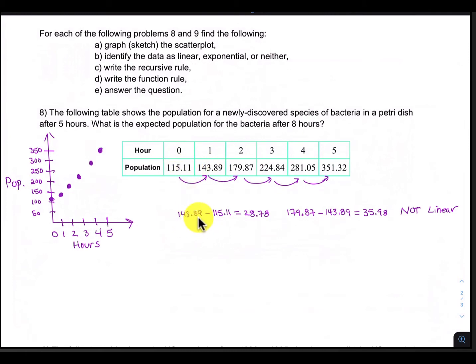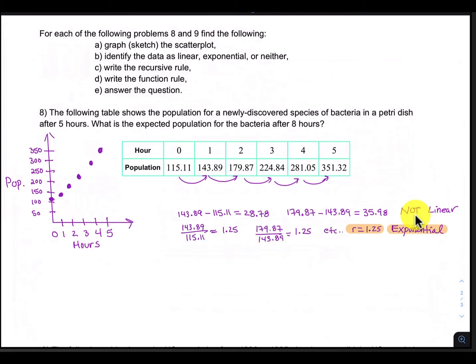So 143.89 minus 115.11 gives us 28.78. Now take the third number minus the second number. So 179.87 minus 143.89 gives us 35.98. And we can see that these two numbers are not the same. So we do not have a common difference, and therefore it is not linear.